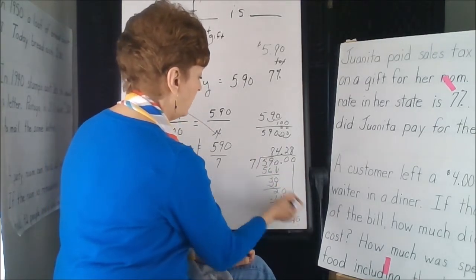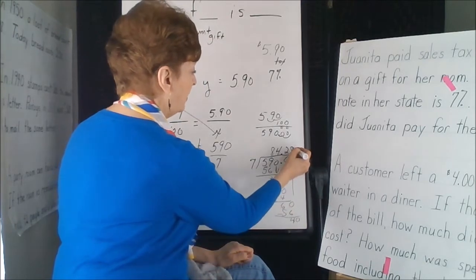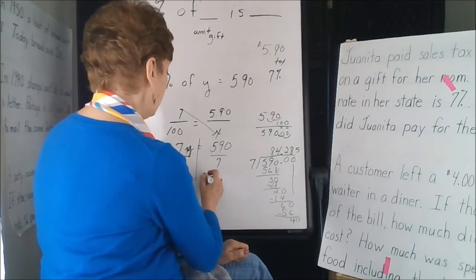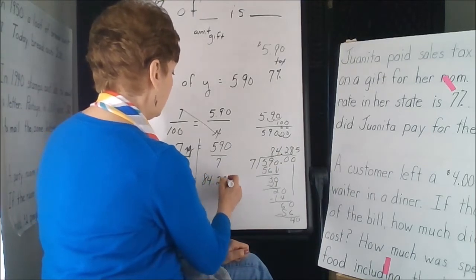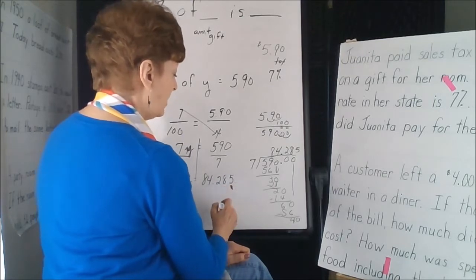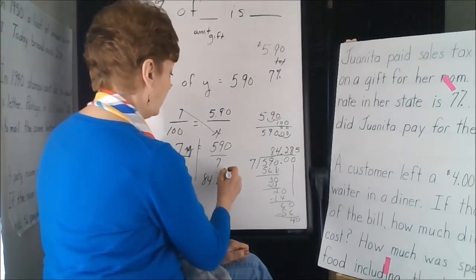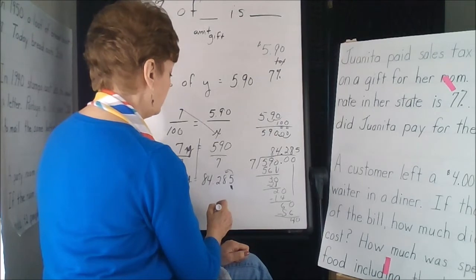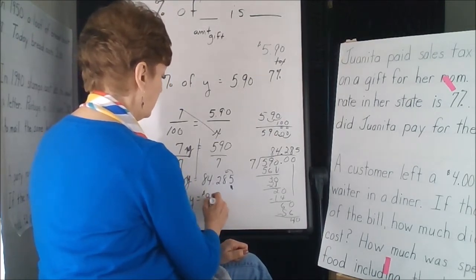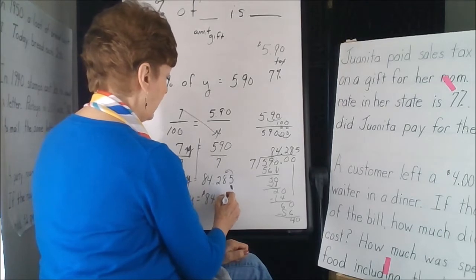So let's try that. 7 times 5 is 35. Okay, so we would have $84, and then here's our cents. The 5 is a power number, so it can bump up to the next penny. So y equals $84.29.